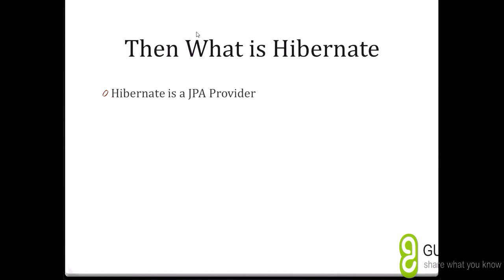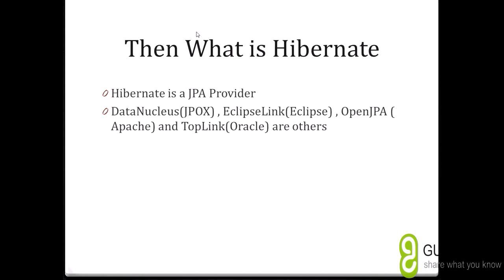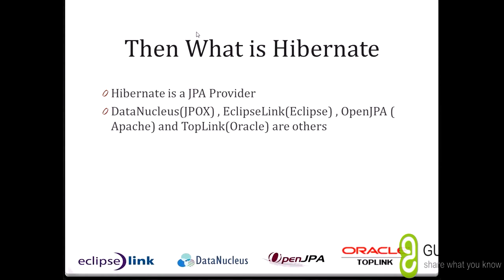And the other JPA providers are DataNucleus, Eclipse, Apache, Toplink and all, okay. Toplink anyway is from Oracle. So there is a very good competition among these competitors. So it is anyway good for us actually, okay. If you look at it, it will give the best that we can use, okay.